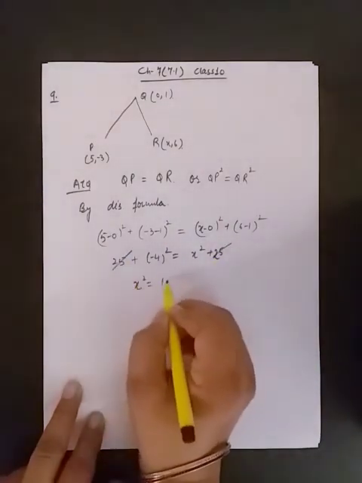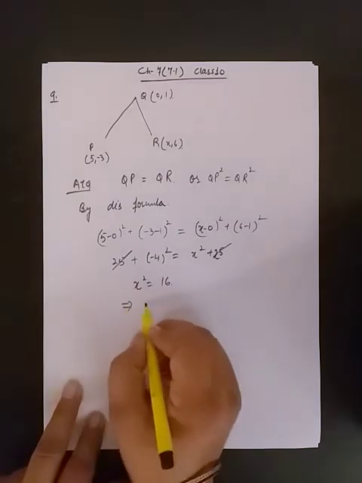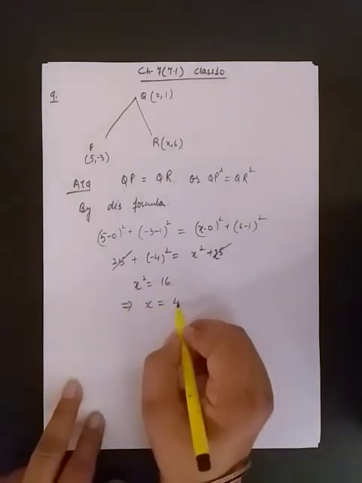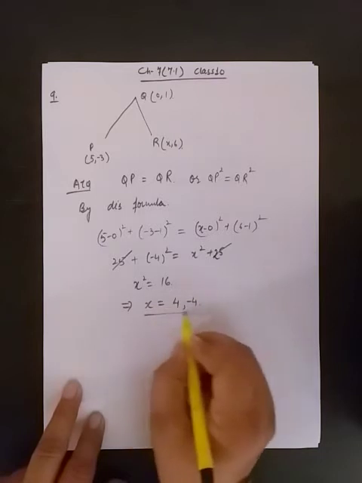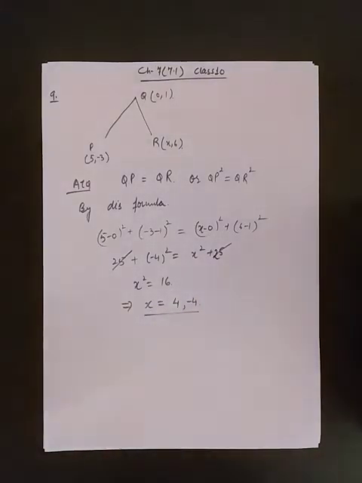We get x square is equal to 16. So therefore the two values of x are plus 4 and minus 4. So this is the answer to your question.